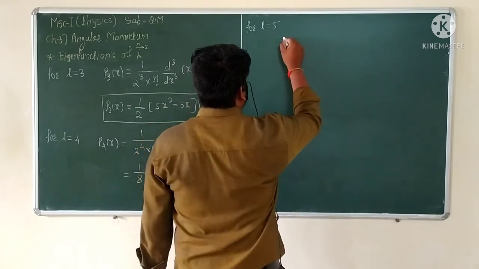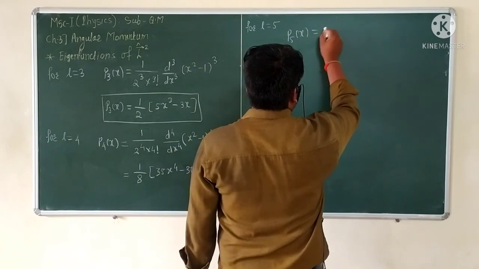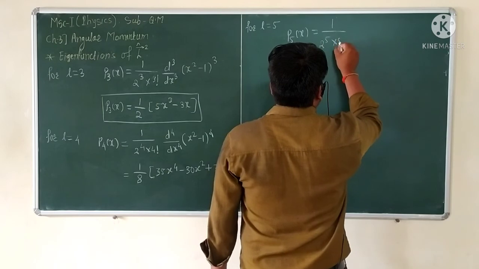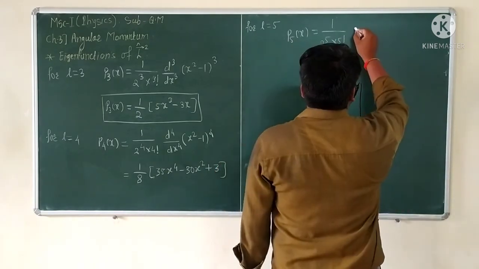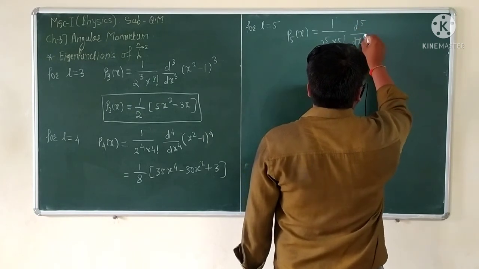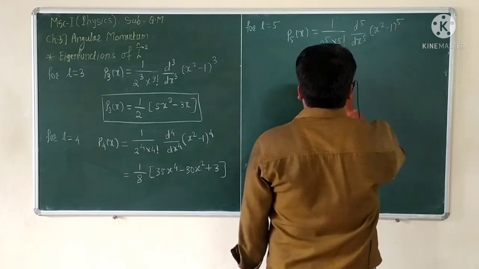P5 of x is equal to 1 upon 2 power 5 into 5 factorial, d power 5 by dx power 5 of (x square minus 1) whole power 5.